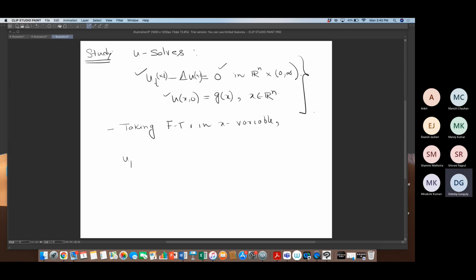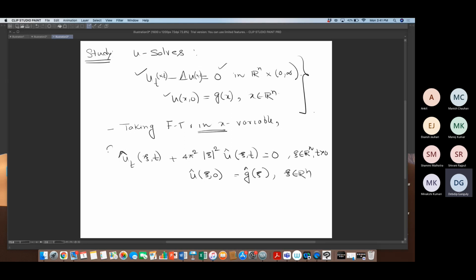Then we get u_t hat of (xi, t), because t is an independent variable and I am taking the Fourier transform only in the x variable. So this is u_t hat plus 4 pi square |xi|^2 u hat(xi, t) equal to 0 for xi in R^n, t positive, and u hat(xi, 0) is g hat(xi).